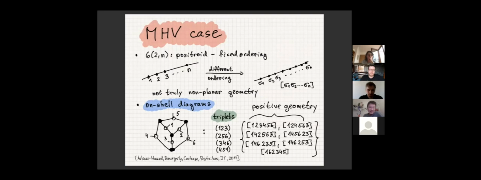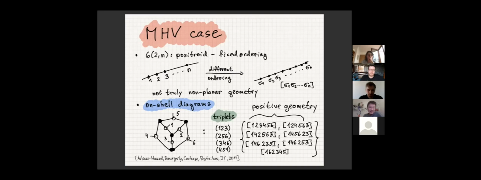Okay, so let's now look at the non-planar BCFW geometries. The first thing is not just BCFW, but the general non-planar geometries for the MHV case. So for the case of MHV, or G2N, we know that the positive Grassmannian corresponds to these endpoints on a line with a given ordering, 1 to n.